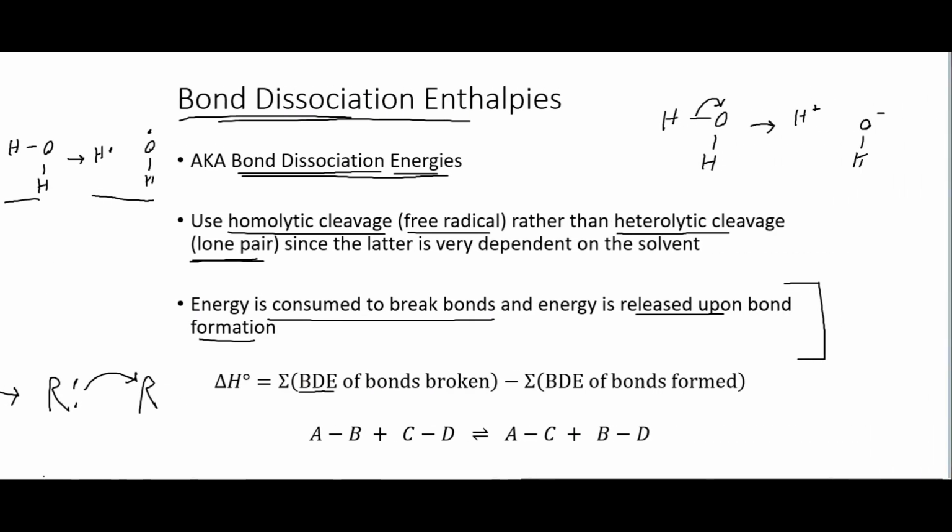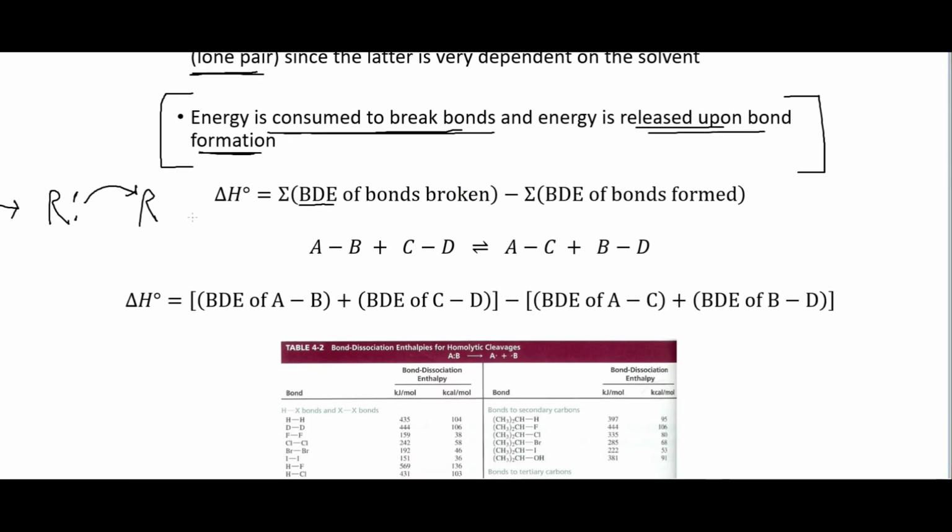This is an important point to always keep in mind: energy is consumed to break bonds and released upon bond formation. So our delta H is the sum of all the bond dissociation energies of bonds broken minus the bond dissociation energy of bonds formed.